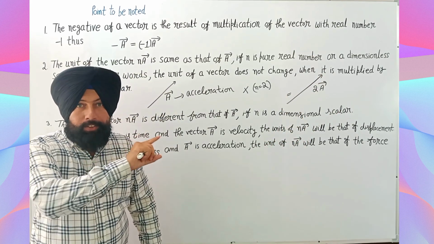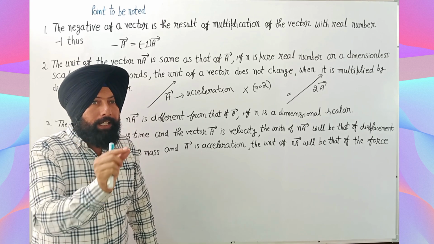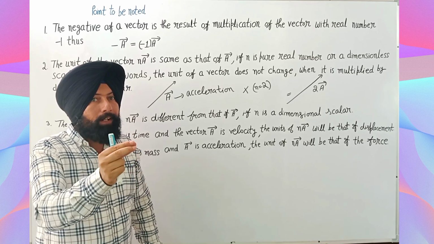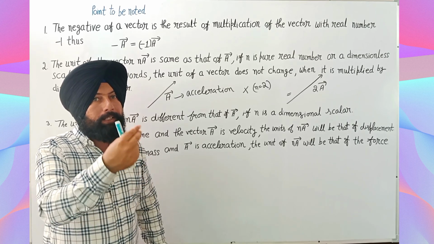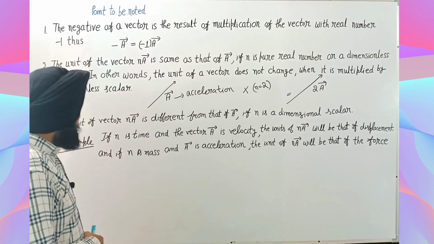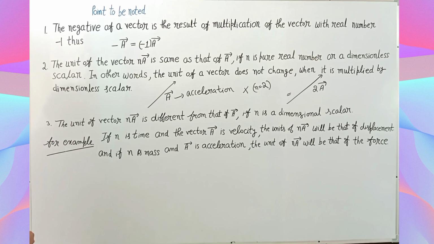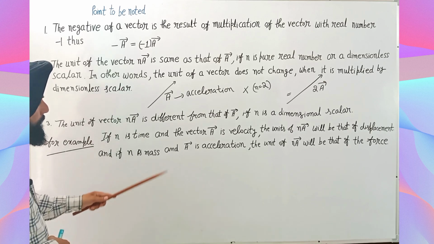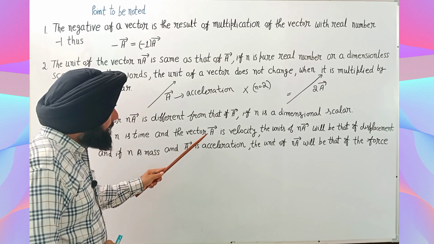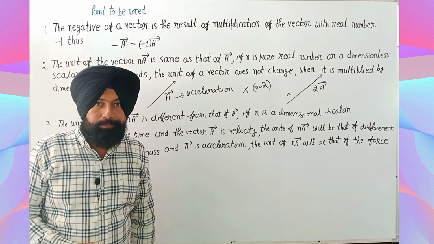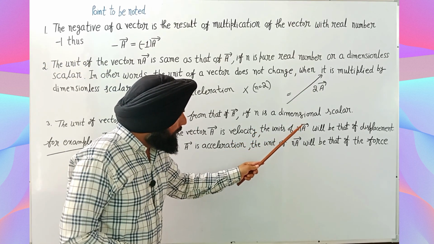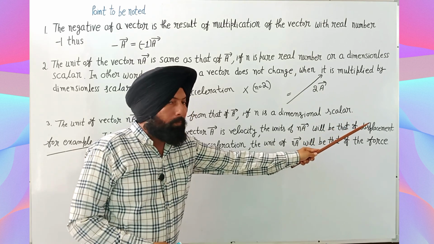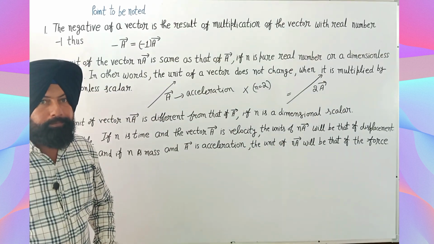Now n is not a pure real number. n may have some dimension, like mass, time, etc. For example, if n is time and the vector a is velocity, the unit of n a vector will be that of displacement.